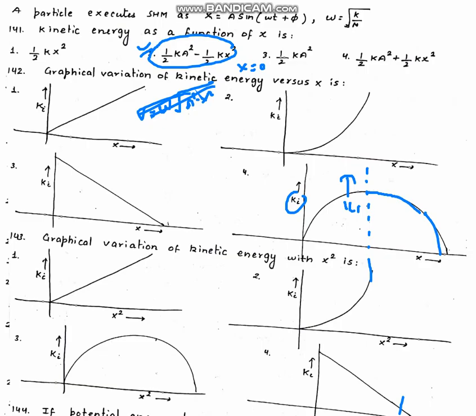So fourth will be the best option over here. Next is graphical variation of kinetic energy with x square. So assume that x square is equal to y. So kinetic energy can be written as c minus k y, which is a straight line with negative slope. So it will correspond to option number 4.